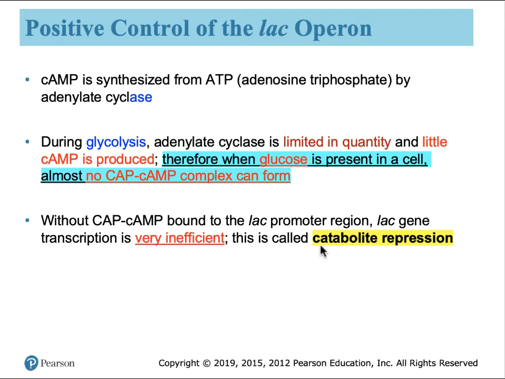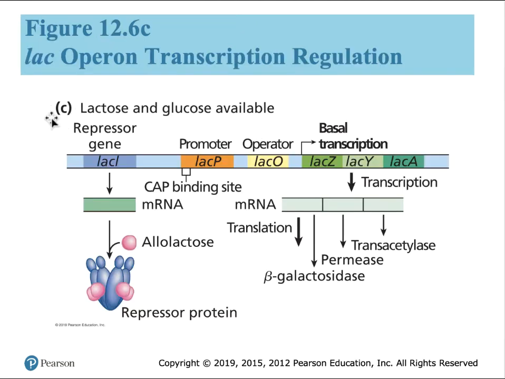Another genetic term, catabolite repression, is applied to this scenario. Thus, in example C, when we have lactose and glucose available, we're only going to get low levels of transcription of this operon, not enough to begin to break down the lactose into energy. So glucose is still the preferred source of energy.